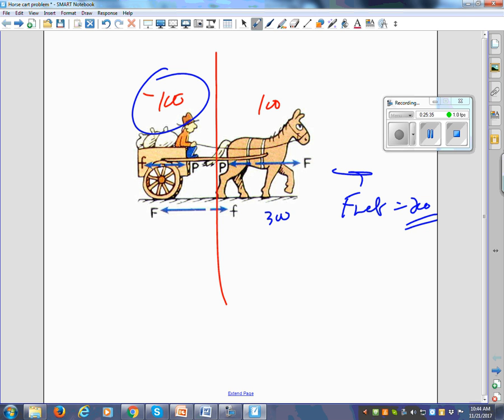How come the horse can pull less once he gets the cart up to speed? You're kind of on the right track. Because you got to get going first. You have to, what's the A word? Accelerate. You need a greater force to accelerate from rest. Once you've got it already moving, how much force do you need?